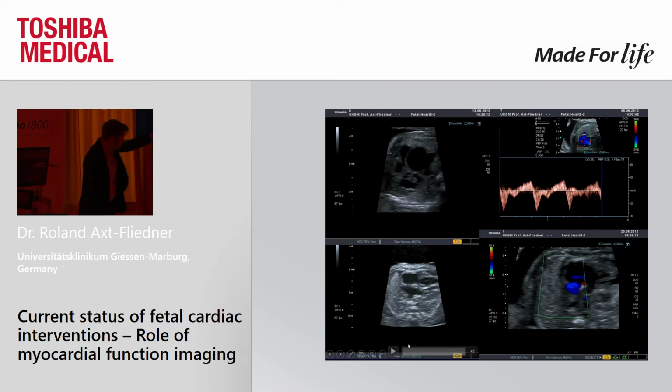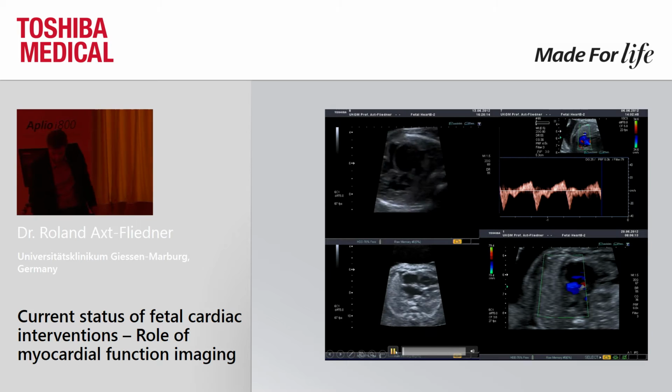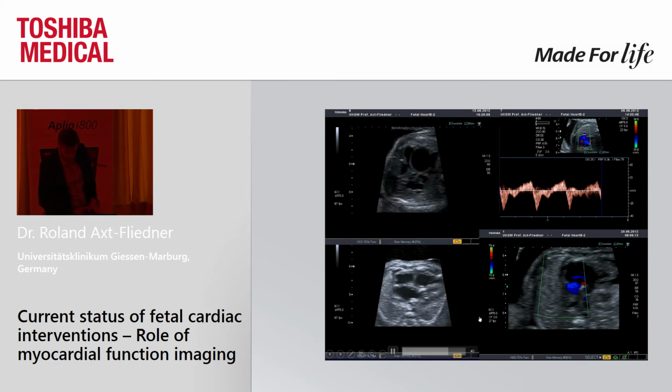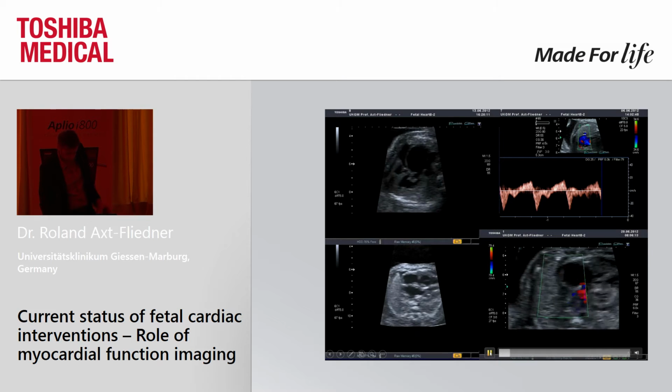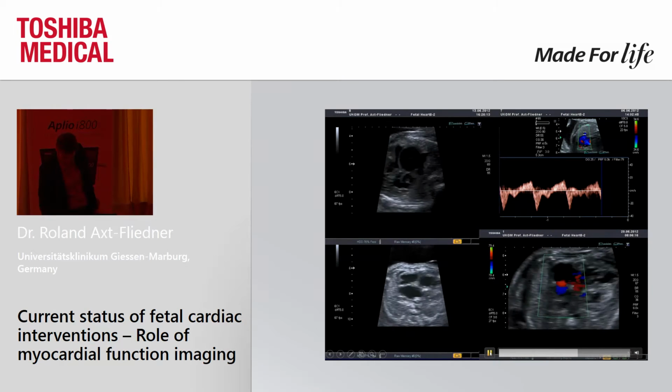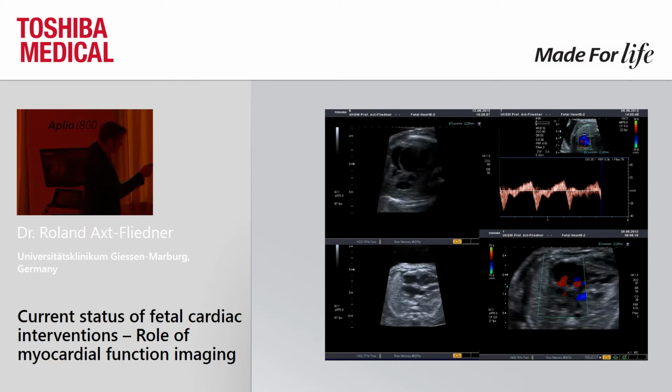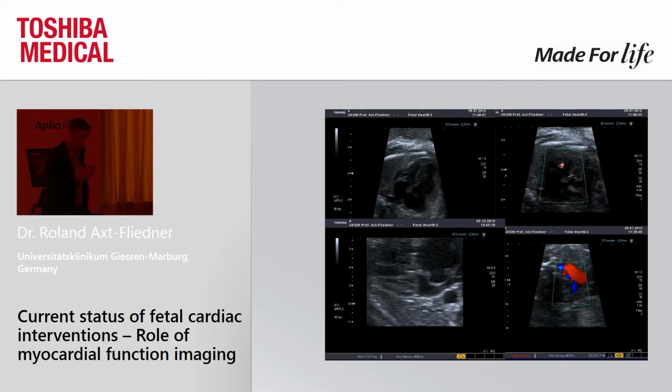And there we opened the foramen ovale, and in this case we did it by laser. And you might say, okay, this has not opened, but the color Doppler shows a bidirectional flow via the foramen ovale.